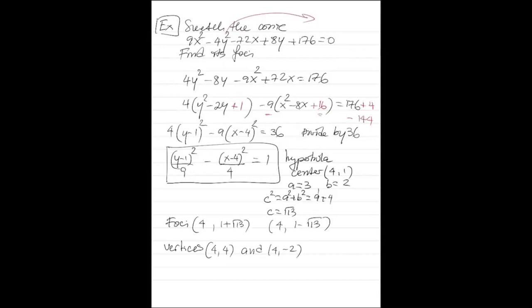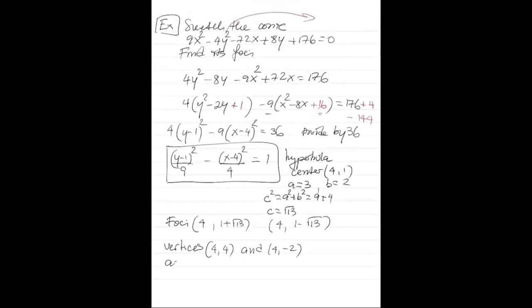So you have to consider the shift. And asymptotes: y minus 1, because of the shift. So the center being 4, 1 is very important here. y minus 1 equals plus or minus 3 over 2, x minus 4.